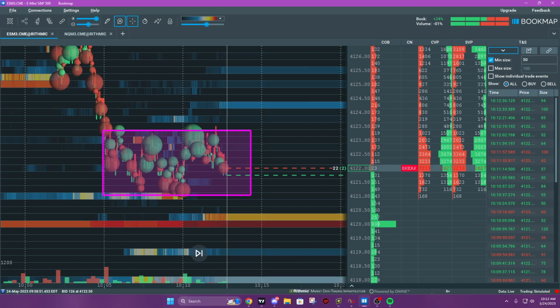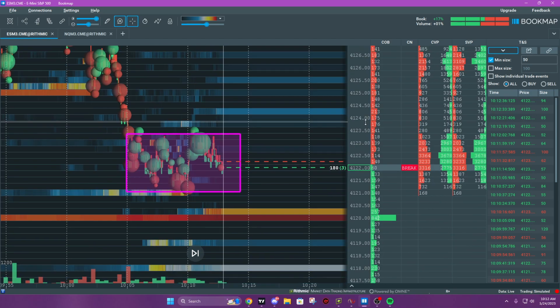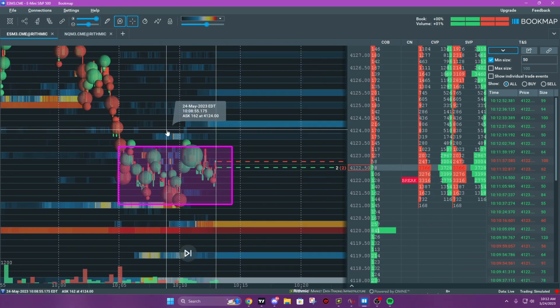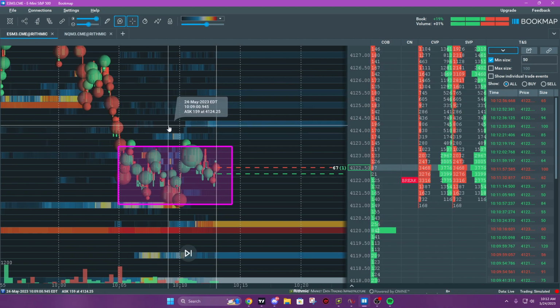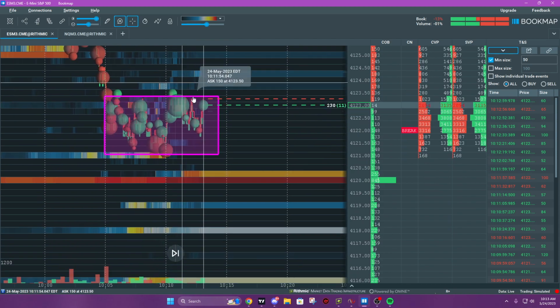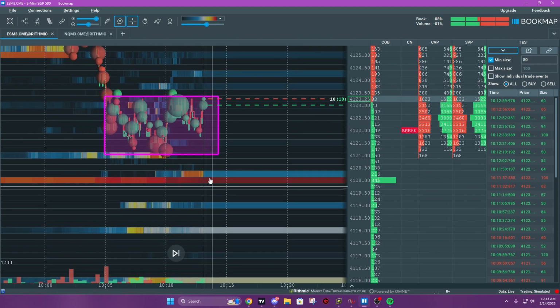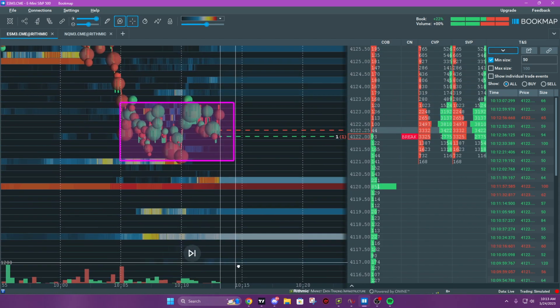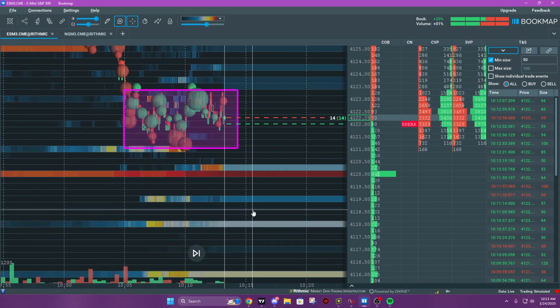But I'm trend long or trend both. It really depends how strong the buying is, right? Obviously we've been trending down all morning, so I would probably arm trend both. Now if we broke down from here and we saw a lot of selling through this level, I would probably just arm trend short, because we've been moving down all morning.